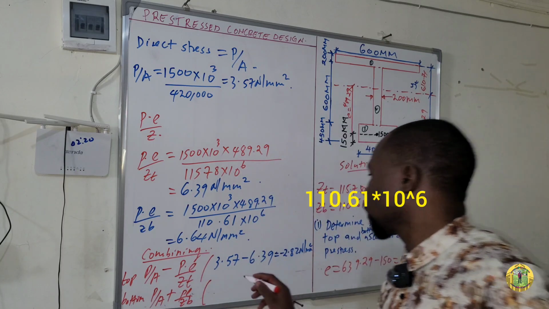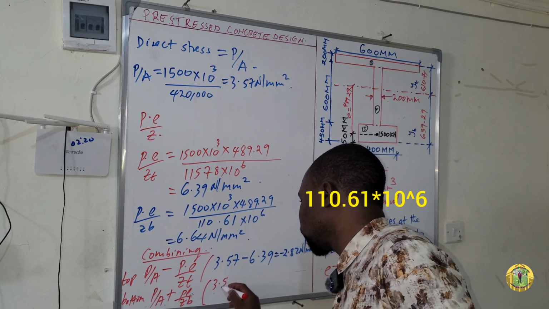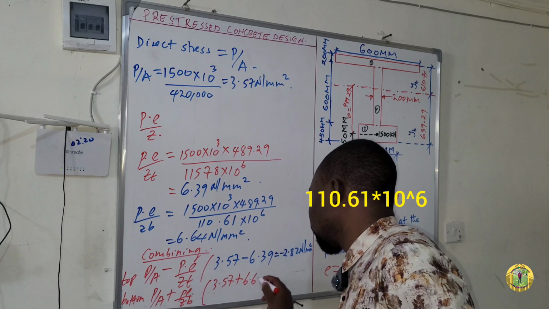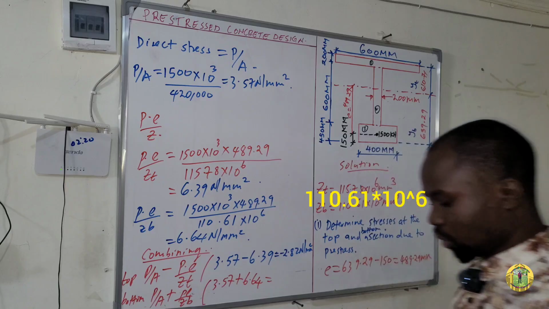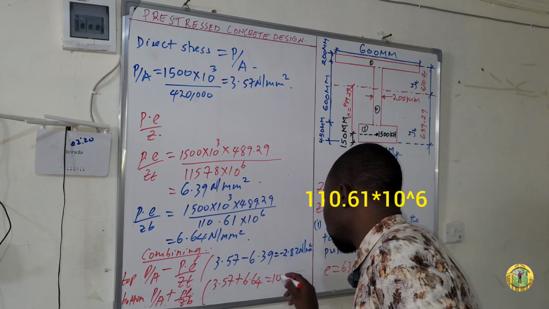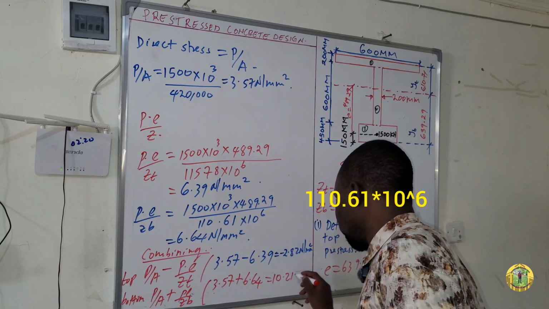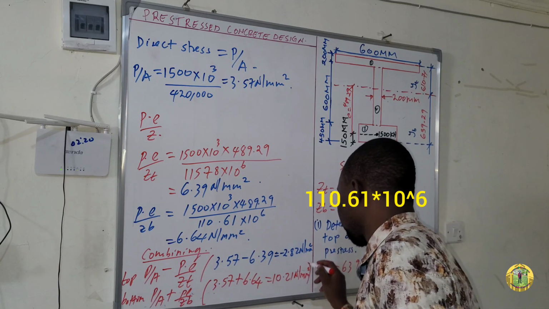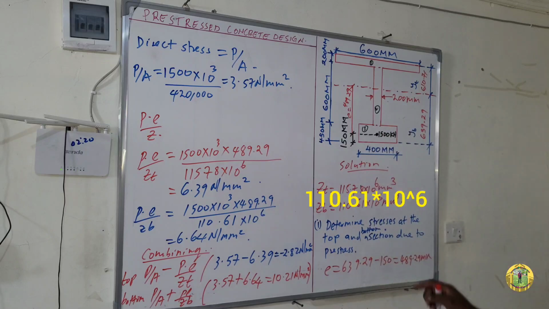So this one will be 3.57 plus 6.64, which is 10.21 Newton per millimeter square. So we are done with the first part of the question.